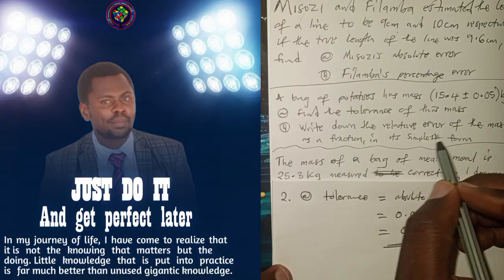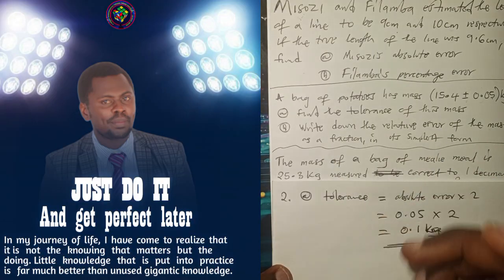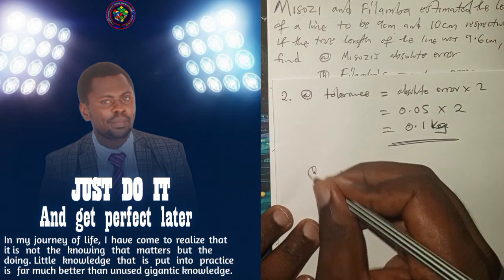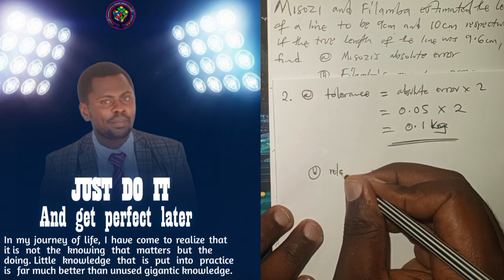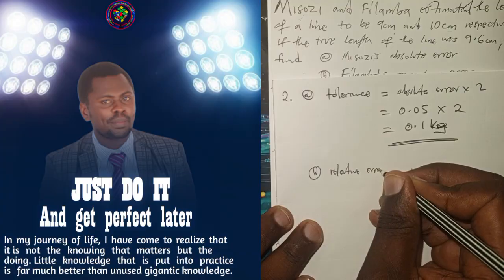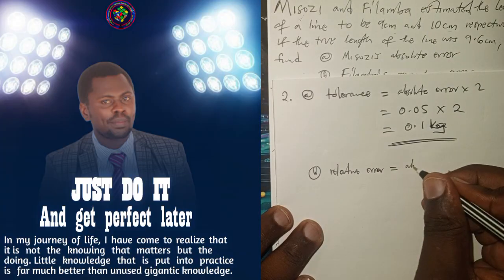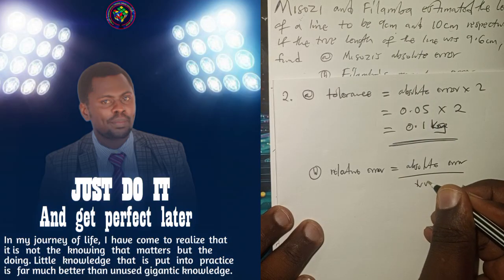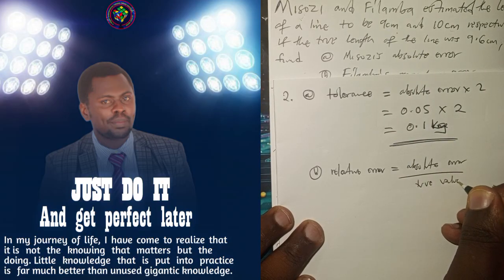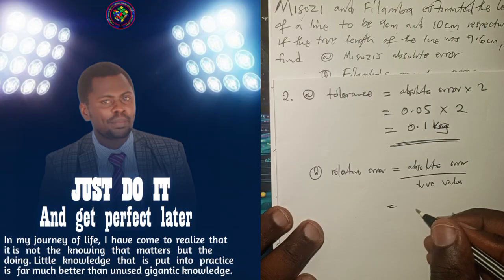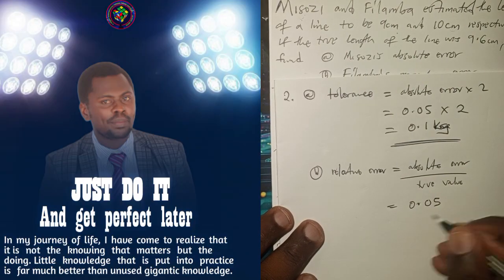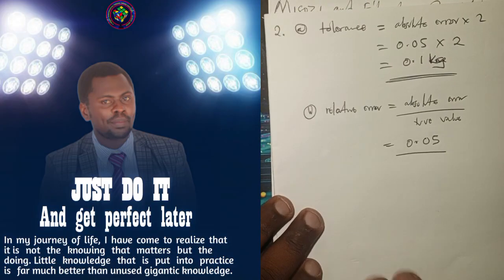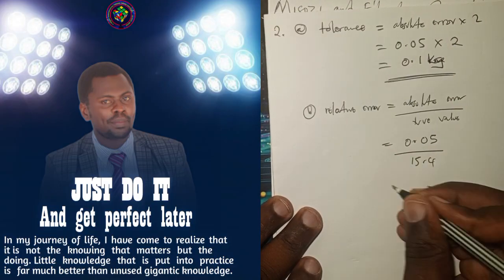Write down the relative error of the mass as a fraction in its simplest form. Relative error is equal to absolute error divided by true value. So that is 0.05 over the true value, 15.4.